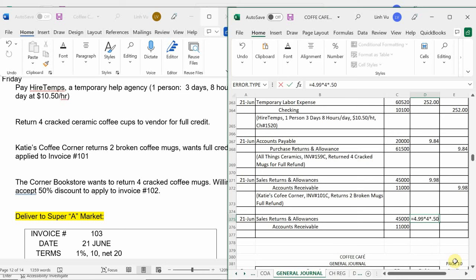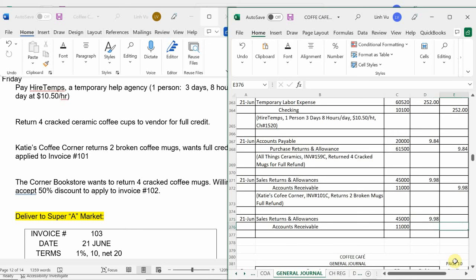So in grand total, how much money am I actually going to be taking away from his invoice? I got the same thing, $9.98.